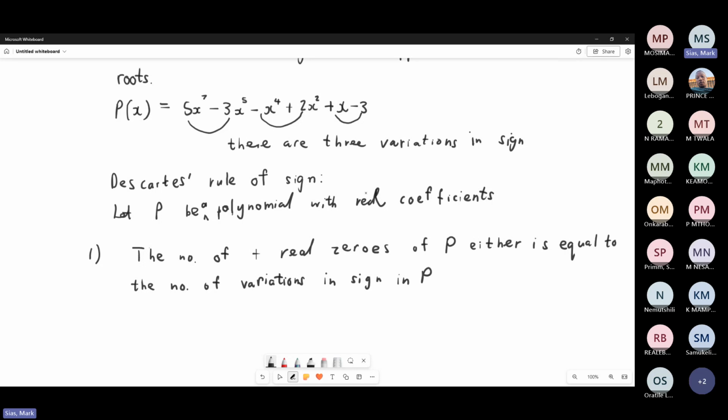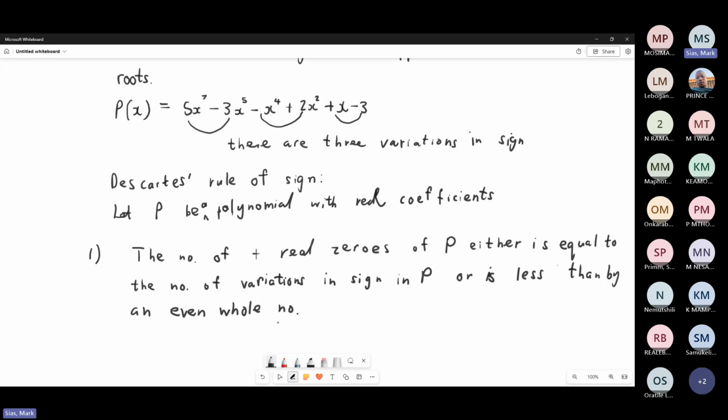Or is less than by an even whole number. Okay. So people, I just put the number as No.